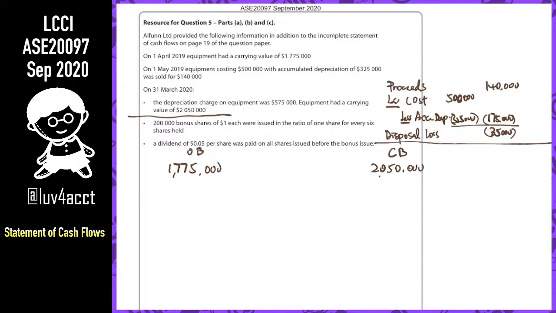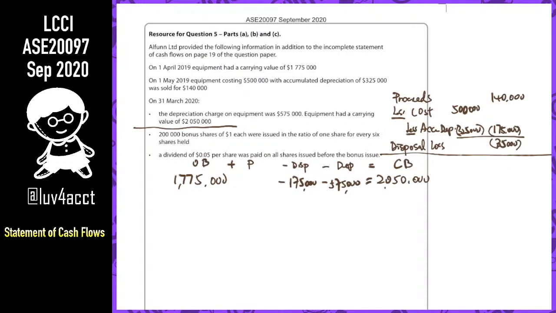Okay, opening balance plus purchases minus disposal minus depreciation is equal to closing balance. Okay, we have the disposed asset carrying value 175,000, depreciation being 575,000. Okay, that is a simple equation.